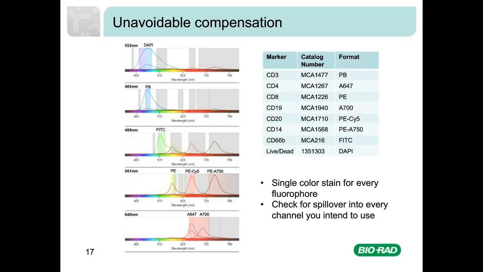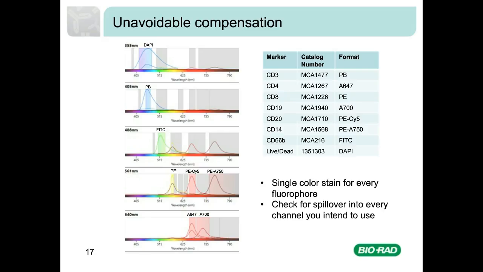I have built this 8-color panel of CD3, CD4, CD8, CD19, CD20, CD14 and CD66b, including a live dead stain, to look at human blood leukocytes. Fluorophores have been chosen across lasers and filters, as described earlier with the smaller panel, but they're not completely separated.